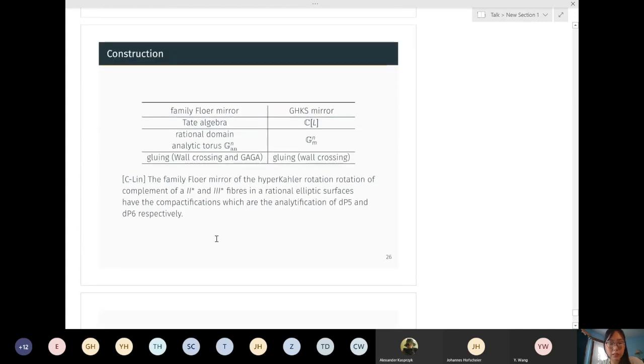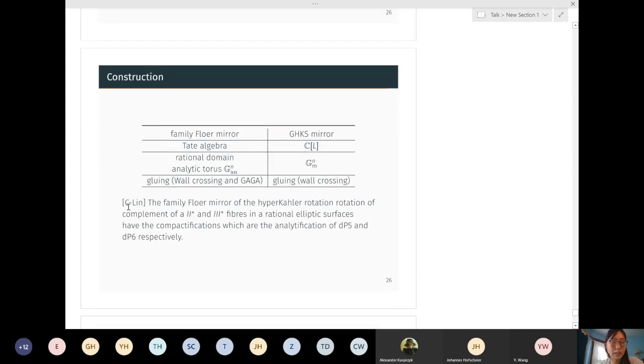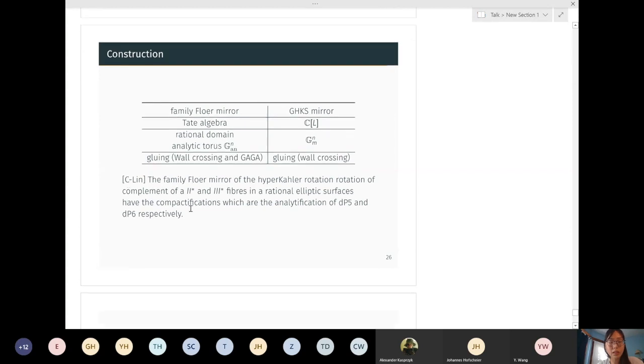What Yoosik, Lin, and I did is the family Floer mirror of these two Calabi–Yau spaces, which are the hyperkähler rotation of the rational elliptic surface minus the two-star or three-star fiber.